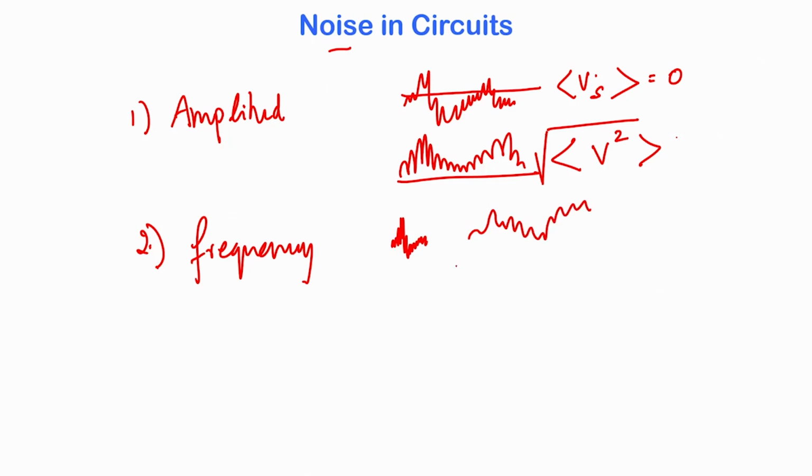The frequency content of the noise is very nicely described by something called the power spectrum of the noise. You look at the power of the noise, although we say it is power, it is all measured in volt square per hertz, and you look at the distribution of this in frequency. So this is a very quick summary of noise. And the third has to do with whether the noise is correlated.